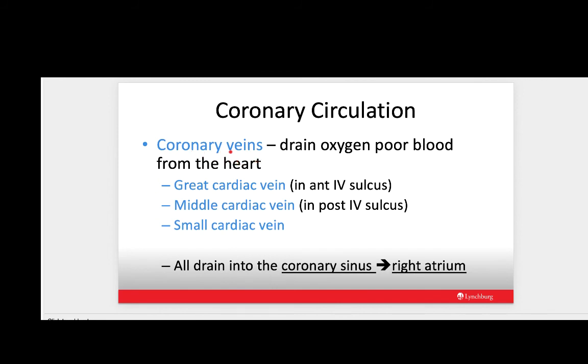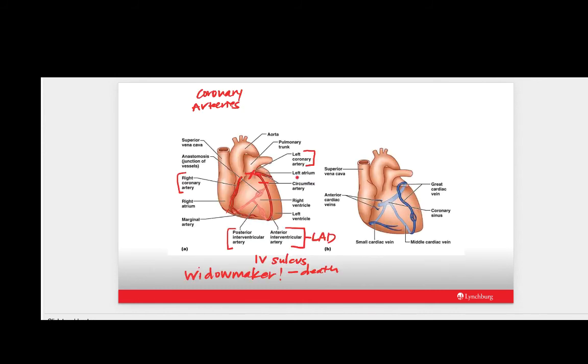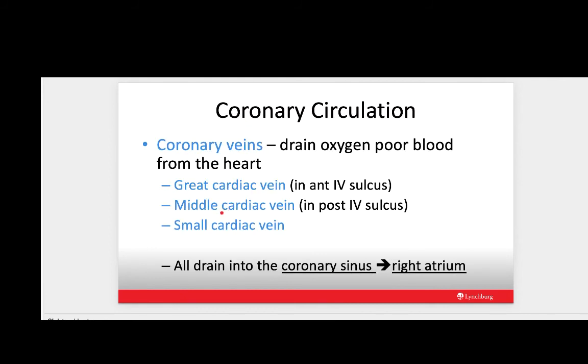So we have a coronary vein system with a great cardiac vein, which is located in the anterior interventricular sulcus, which is here, an anterior cardiac vein, a posterior cardiac vein, a middle cardiac vein in the posterior interventricular sulcus, and then a small cardiac vein. On the venous side of things, we tend to have a lot more variability in terms of where the veins are located.